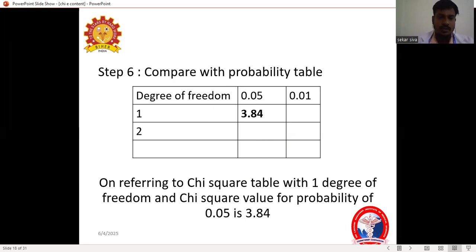It is constant. It does not change. It will change only if the degree of freedom changes, or if you want to know the probability value for 0.01. Otherwise, if it is 5% significance level, it won't change.